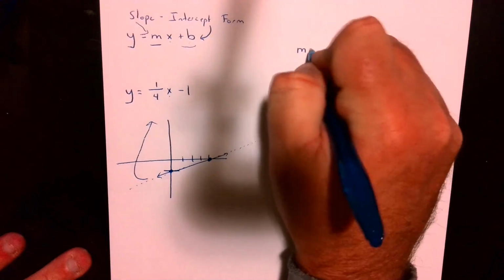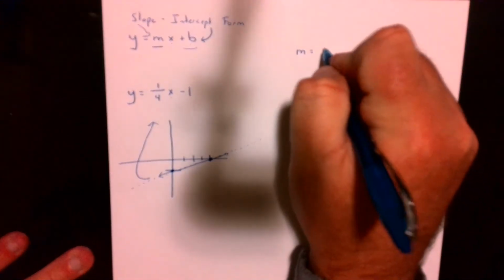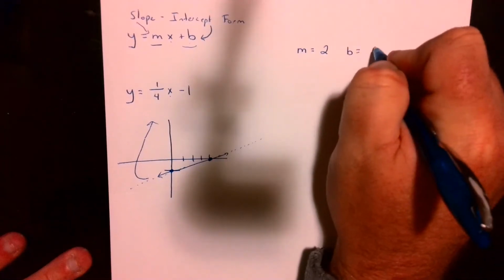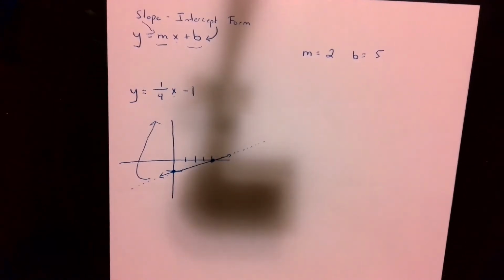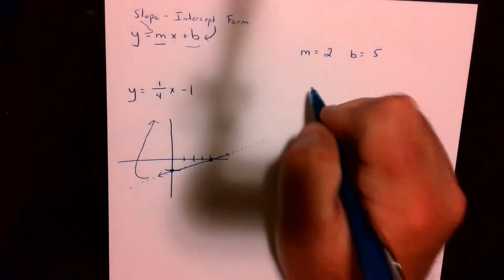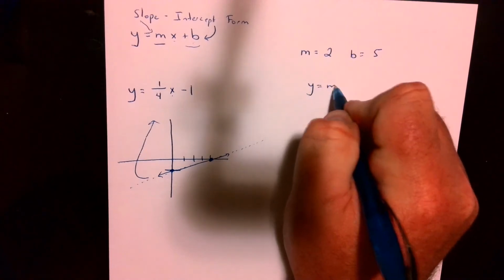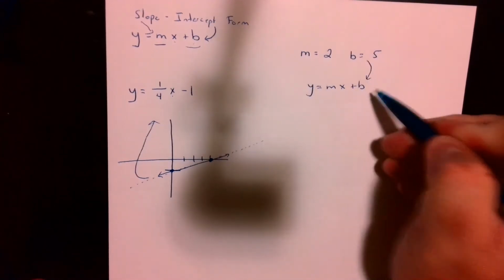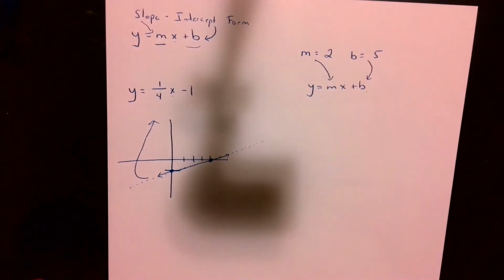If I give you the slope, so if I tell you the slope is 2, and I say the intercept is 5, can you write that into the equation? Can you write this into slope-intercept form? Well, we know the equation, once again, is y equals mx plus b. So all you need to do is simply plug in the b for where it goes, and plug in the m for where it goes.